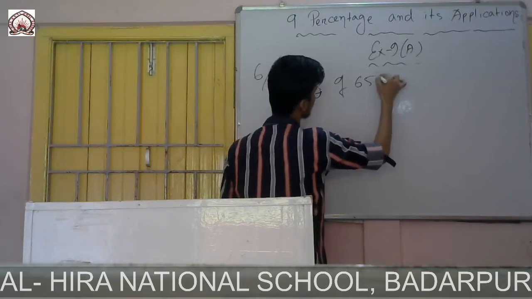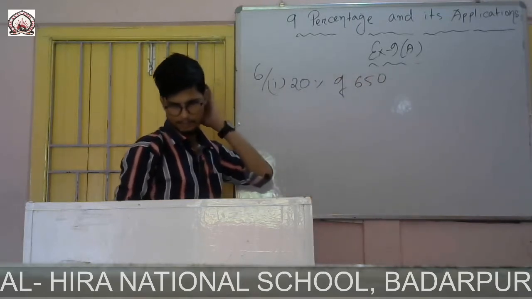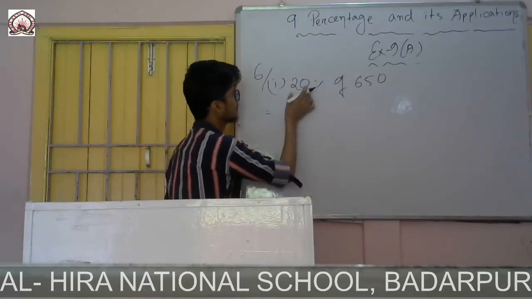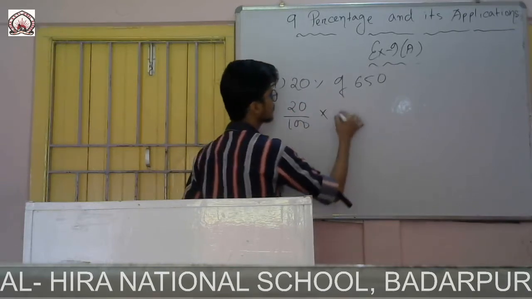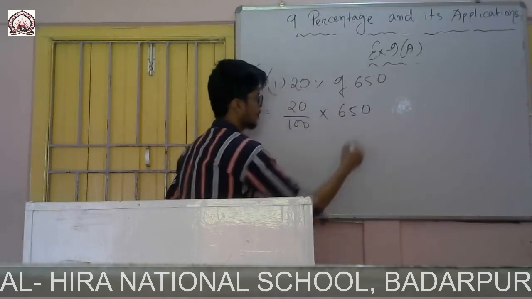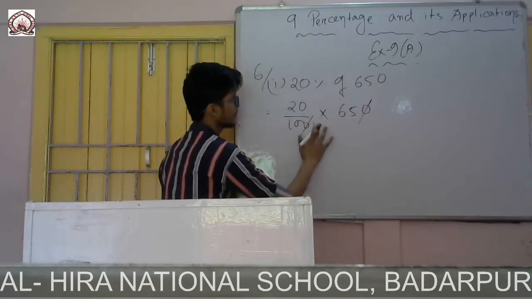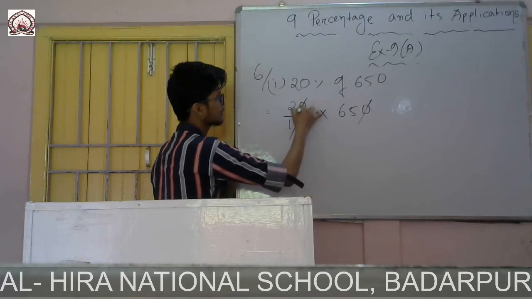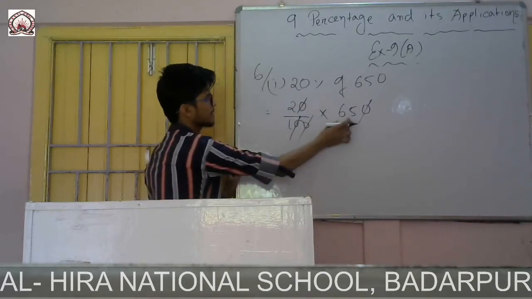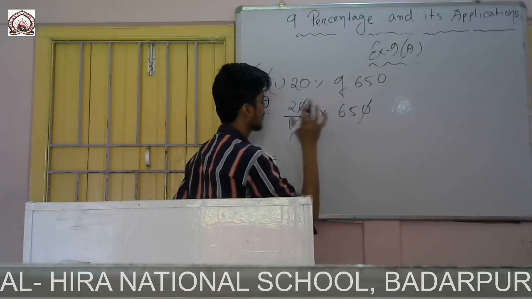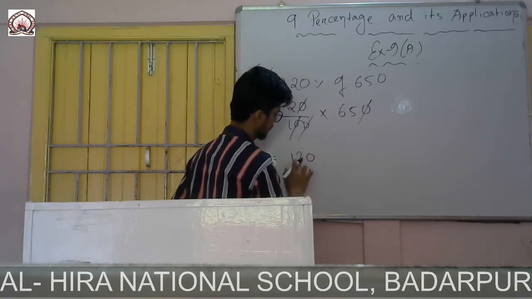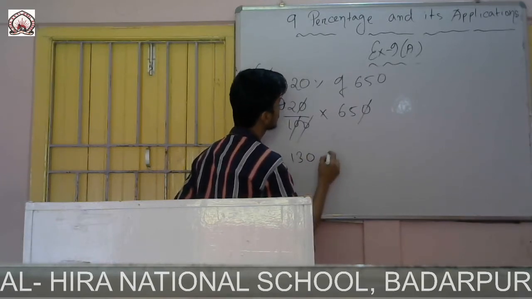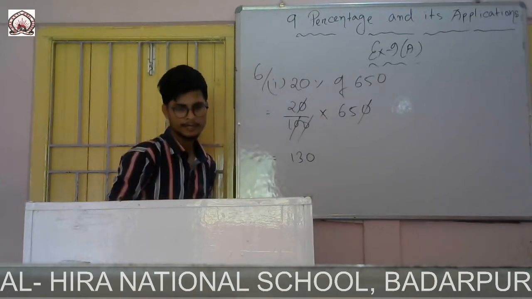This one I can write as 20 by 100 of into 650. 10 10 I can cancel, and there is another 0, I can cancel that too, and 65 twos are, 5 twos are 10, 0, 1, 6 twos are 12, and 1 is 13. So it will be 130.